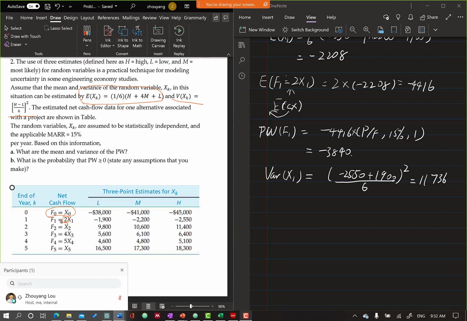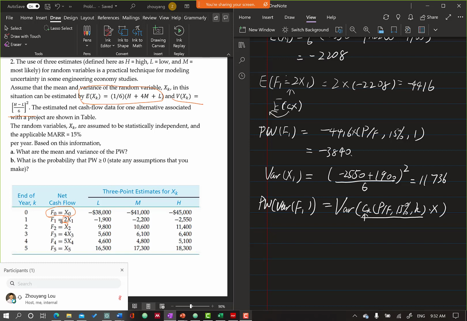So the present worth of the variance of f1 will just be, we have the c and the p given f factor, 15% and k, times x.